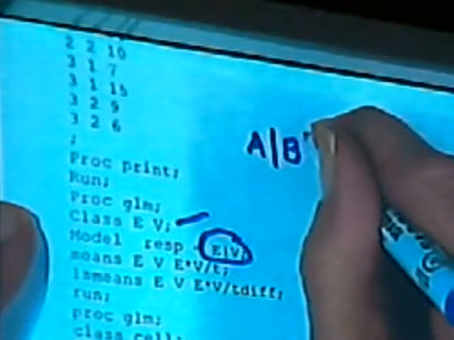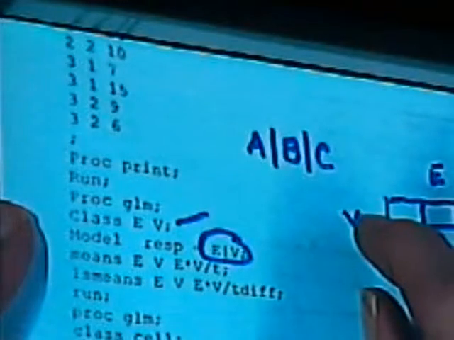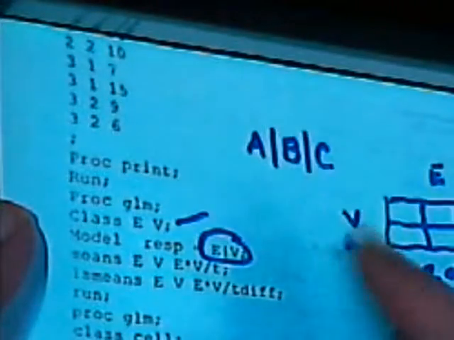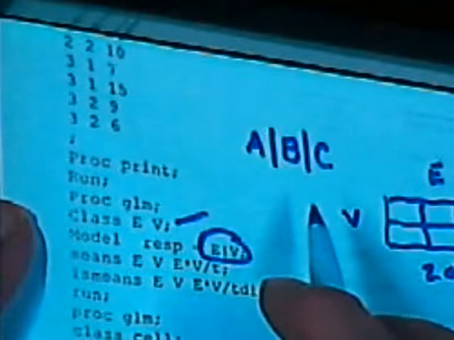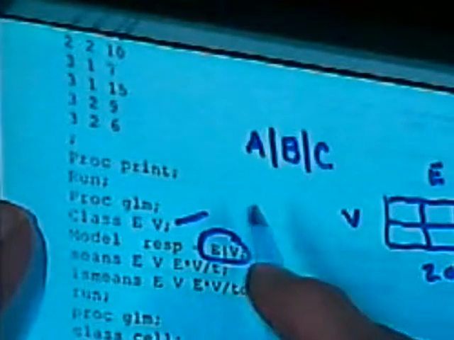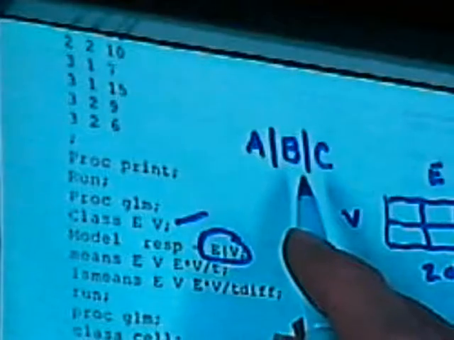If I had a 3-factor ANOVA, I could do something like A vertical bar B vertical bar C in that model line. And that's saying, give me all 3 main effects, all 3 two-way interactions, and the 3-way interaction. So this is just a shorthand way of asking for that information without typing all those terms out in the SAS code.